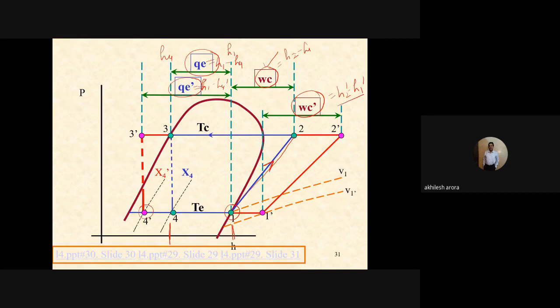And I have already told you, when the isentropic lines move away from the saturation curve, they are tilted more and more towards the flatter side. The slope becomes less and less. So the slope of 1 dash 2 dash is less in comparison to the slope of line 1 to 2. That is the reason the specific work of the compressor by incorporating a liquid vapor heat exchanger will increase.